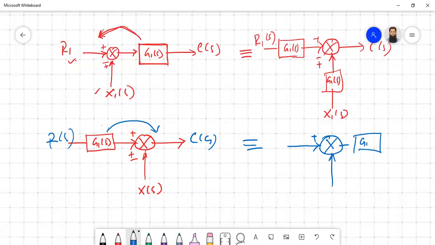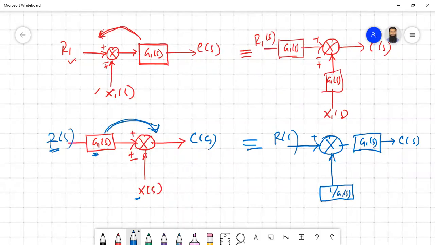But will your output remain the same? Only R1 is supposed to be multiplied by this gain, not X. If you bring this block to the other side, both R as well as X will be multiplied. So to make the thing the same as before, you have to divide by G1(s), that is, multiply by 1 by G1(s), and then send it to the other side. So this one and this one will cancel each other, and eventually X will not be multiplied by G1(s).